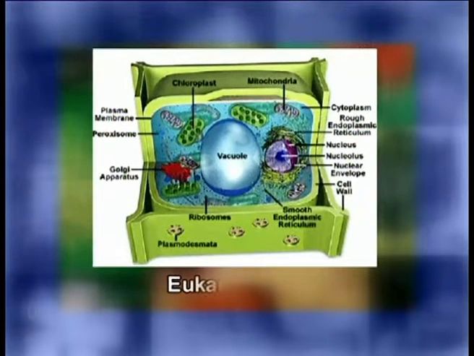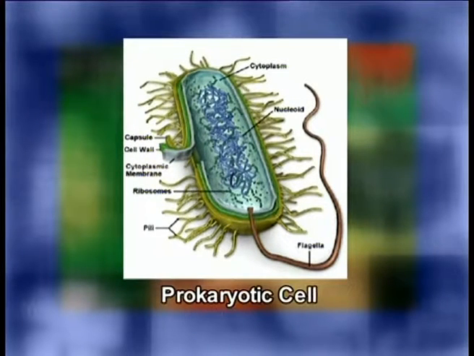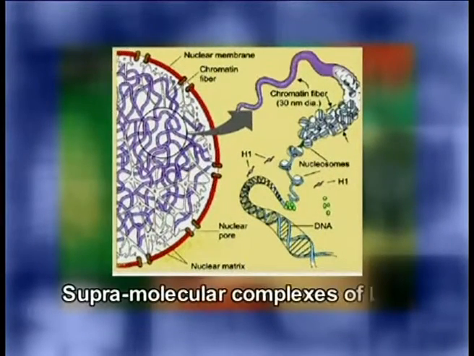Cells with a nuclear envelope are called eukaryotes, and those without a nuclear envelope are prokaryotes. DNA molecules are very much longer than the cells themselves and are tightly packed and folded within the nucleus as supramolecular complexes of DNA with specific proteins.